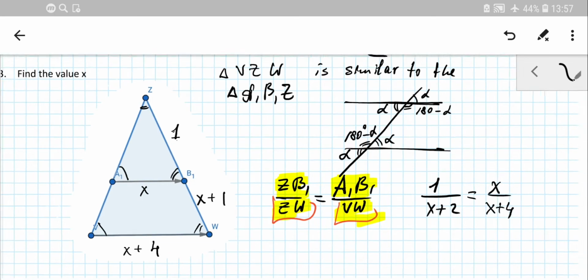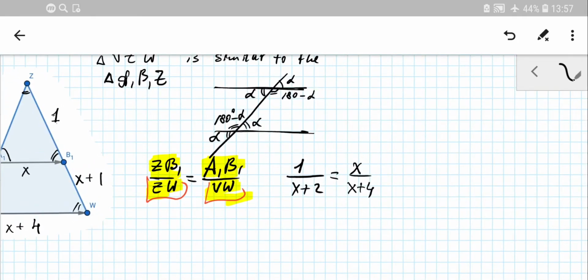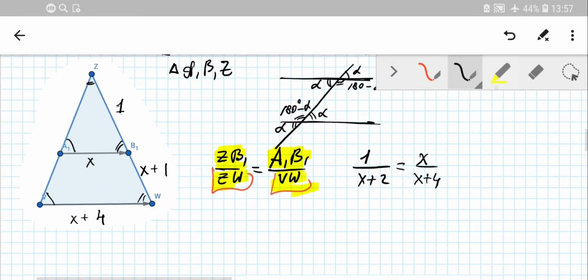Now we have a fractional equation, and to resolve it we do crisscross multiplication. From here we get x plus 4 times 1, so x plus 4 is unchanged, and x times x plus 2. That's our proportion resolved.